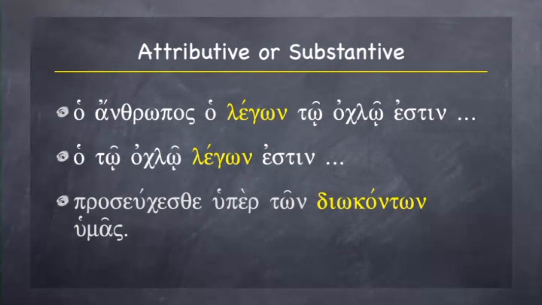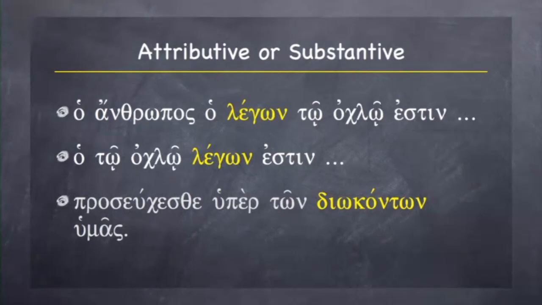It goes article, noun, article, participle. That's just the second attributive position, isn't it? Remember back in chapter 9, we learned it as article, noun, article, adjective, but then I encouraged you to learn it as article, noun, article, modifier, because lots of things can modify. Well, here you've got a participle functioning obviously as an attributive form.